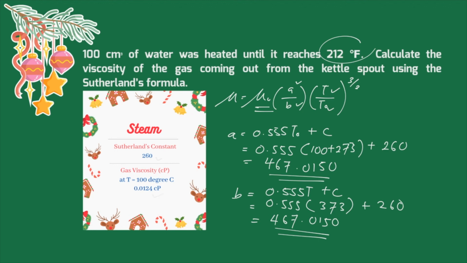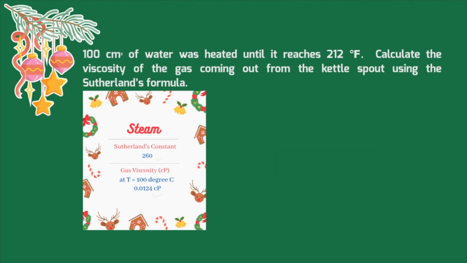So we are just going to substitute this mu naught with the value from your table. So we are going to calculate the viscosity. Viscosity is equivalent to mu naught times A over B times T over T naught to the power of 3 over 2.